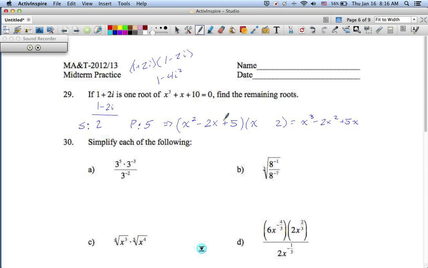And of course, if I need this to be a positive 10, a plus and a plus makes a plus. There's plus 2x squared, gone. There's a minus 4x. That changes that into a 1x. We're good, plus 10. So x squared plus x plus 10. So remaining roots, besides 1 plus 2i, are 1 minus 2i and negative 2.